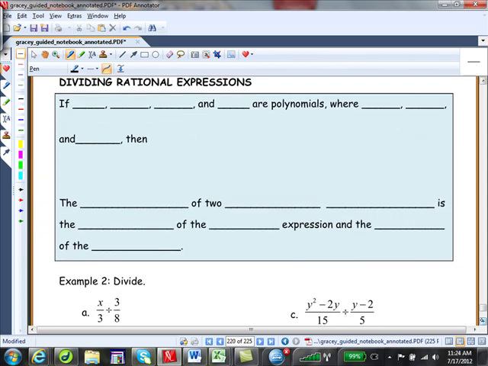Awesome. Okay, so now dividing fractions. You just have a little bit more complicated of a fraction. So here we are.